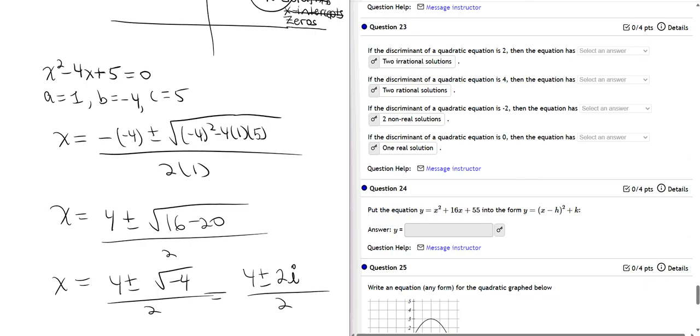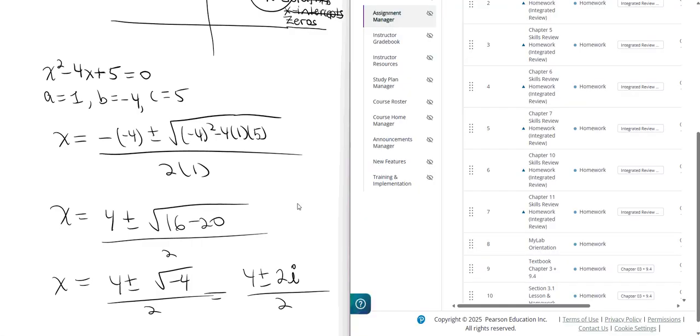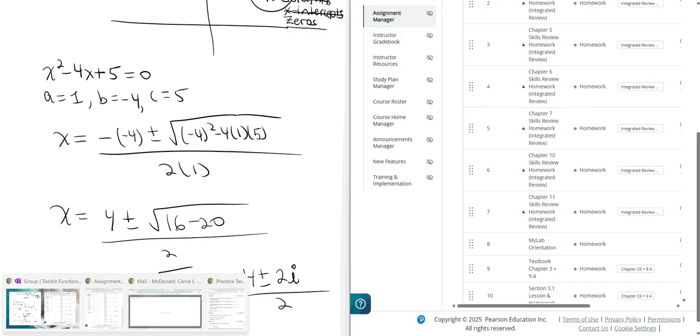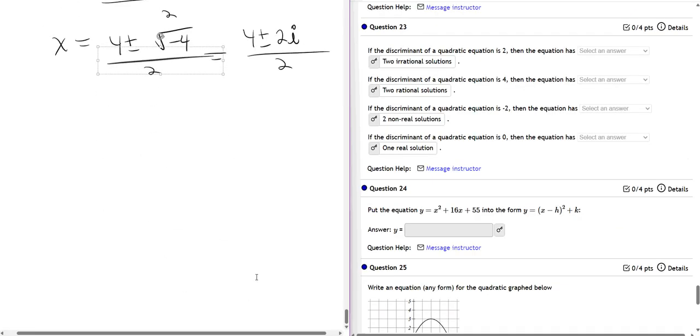And so what do you end up with here? You end up with two imaginary solutions.